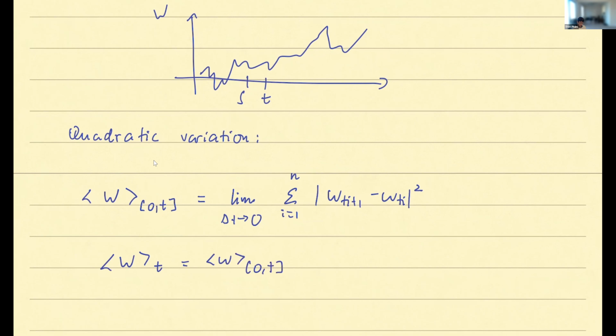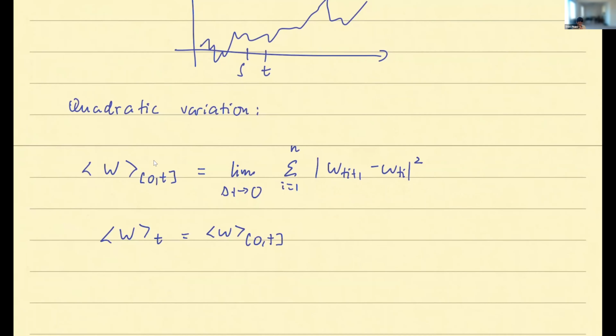The reason is, if this is the case, then we have a function of time, which measures the quadratic variation of whatever you want. Here, Brownian motion, but it can be anything. This concept is general from time 0 to time t. The only thing is we understood conventionally that we start at time 0.